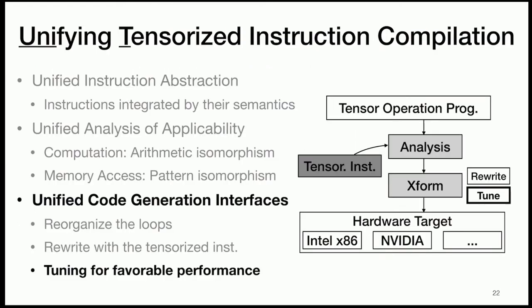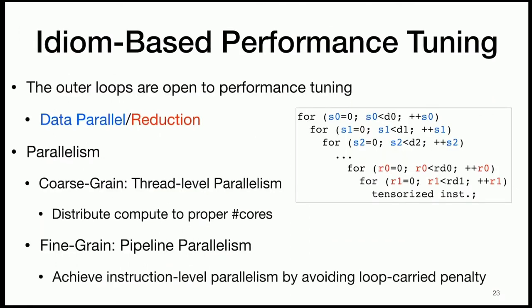So much for instruction rewriting. The outer loops are still open to reorganization for performance tuning. All the CNN layers follow the same idiom shown in the code snippet on the right-hand side: perfect loop nests composed of multiple levels of data parallel and reduction loops. For both the CPU and the GPU, our generic tuning strategy exploits both the coarse-grained and the fine-grained parallelism.